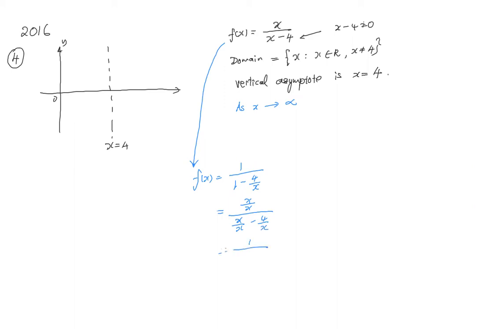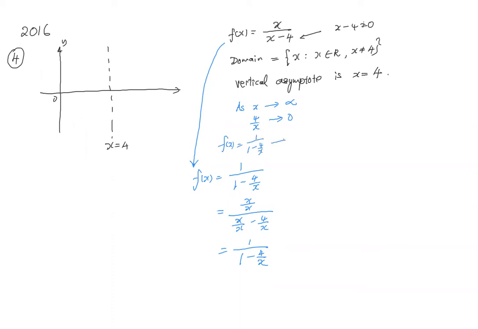That will help you to see much better. So what happens to 4 over x? It will approach 0. So what happens to my f(x), which is 1 over 1 minus 4 over x?